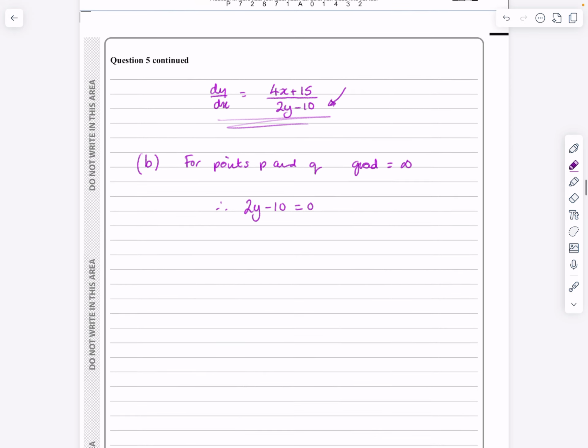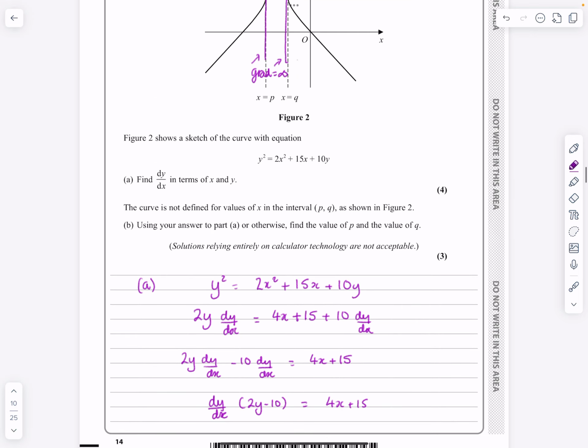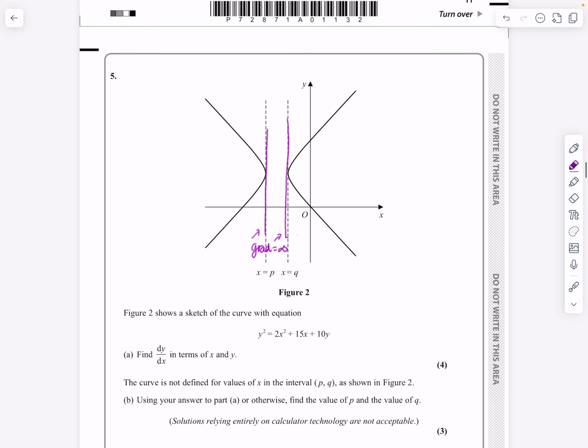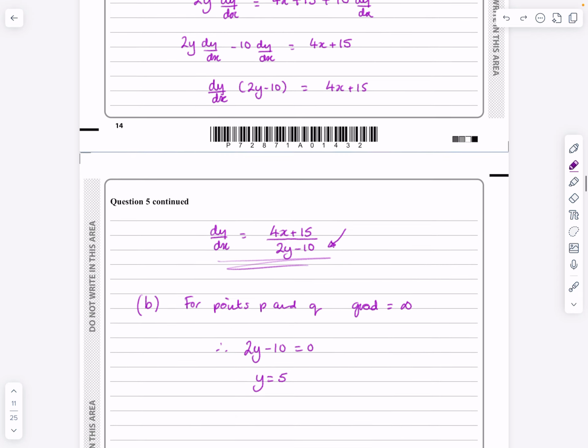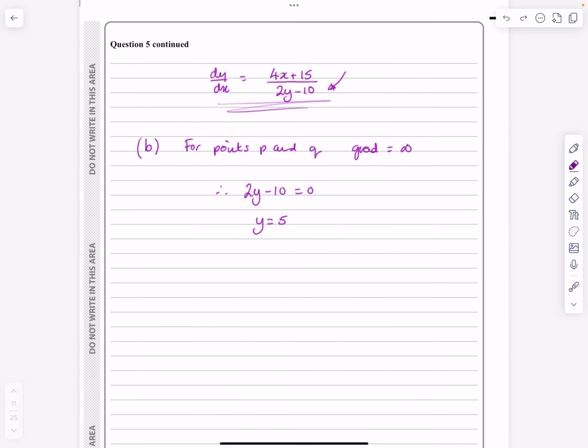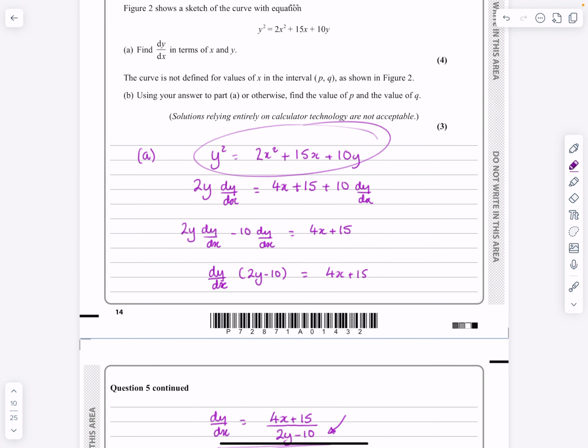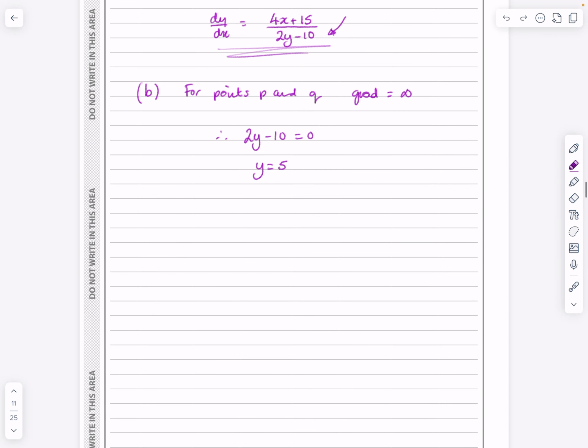So if that's true, 2y minus 10 is equal to 0, y is equal to 5, and I want the actual points, what do I want, the x values of them, find the values of P and Q, and the values of P and Q are the x values here and here, aren't they? The x values there. So if I've got that y is equal to 5, what I need to do is go back to the original equation here now, set y equals 5, and when I set y equals 5, I'll end up with a quadratic in terms of x's.